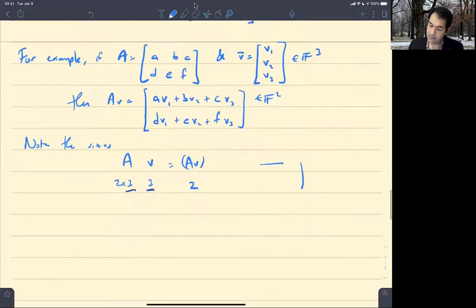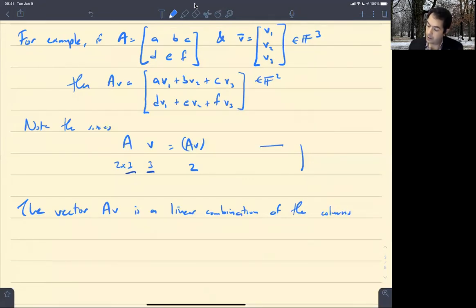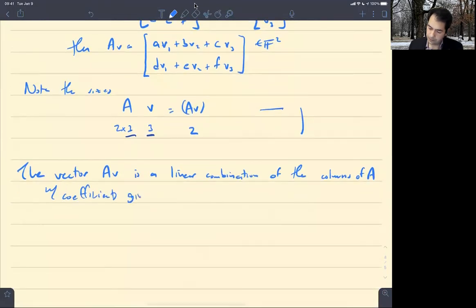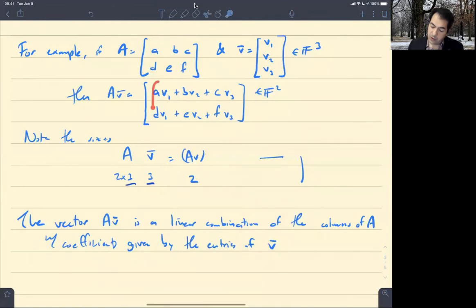Another thing to mention is that the vector AV is a linear combination of the columns of A with coefficients given by the entries of V. Right, so notice in this example, this column appears here, just multiplied by V1.